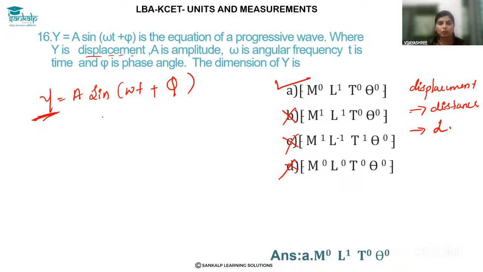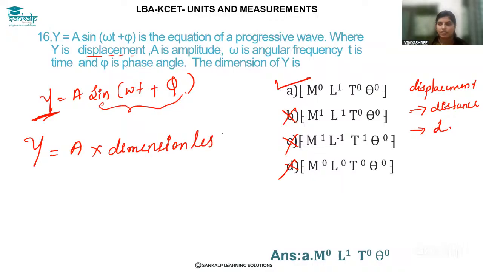ಸೊ ಇಲ್ಲಿ ಅನಾಲಿಸಿಸ್ ಮಾಡಬೇಕು ಅಂದ್ರೆ y is equal to A into sin quantity. Sin ratio or sin quantity is a dimensionless quantity. Sin is a trigonometric function, dimensionless, ಅಂತ ಗೊತ್ತಿದೆ ನಮ್ಗೆ ಅಲ್ವಾ?